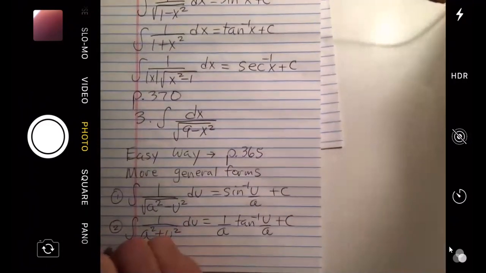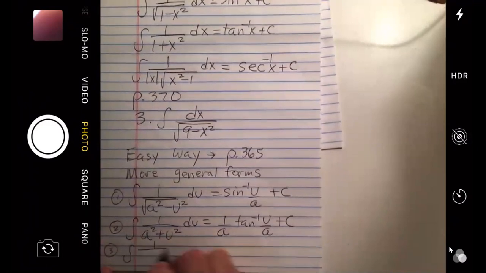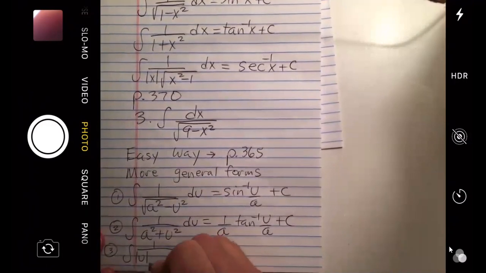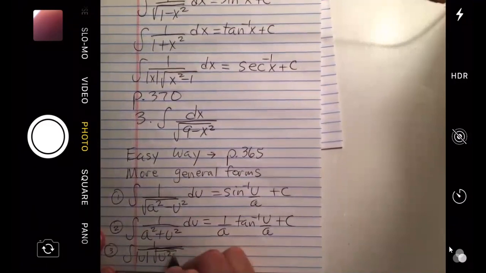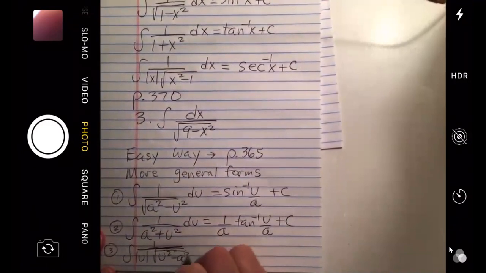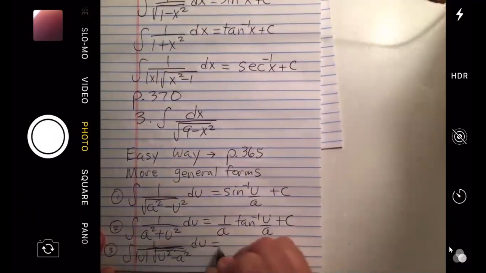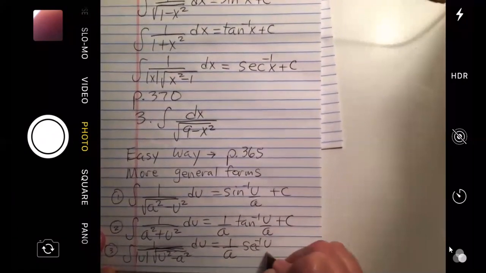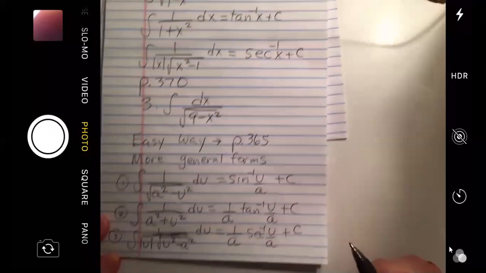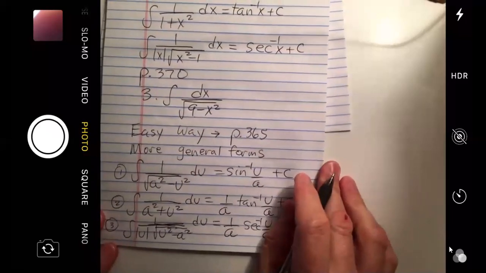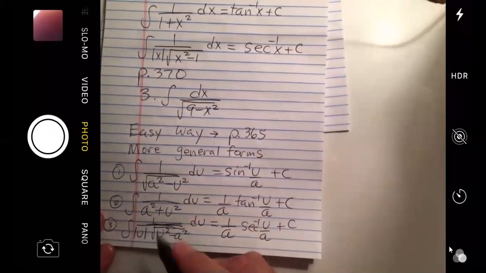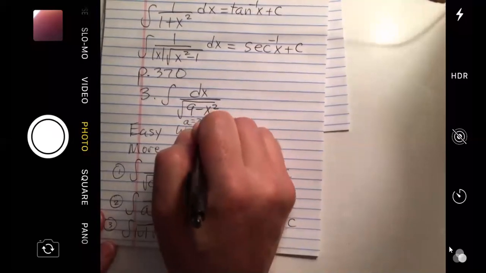And if you do number 3, 1 over the absolute value of u, again, they're switching to letter u, square root, put the letter first, u squared minus a squared, du. You also get a 1 over a on an arcsecant. Okay, if you just follow these forms, this makes your a appear as 3.